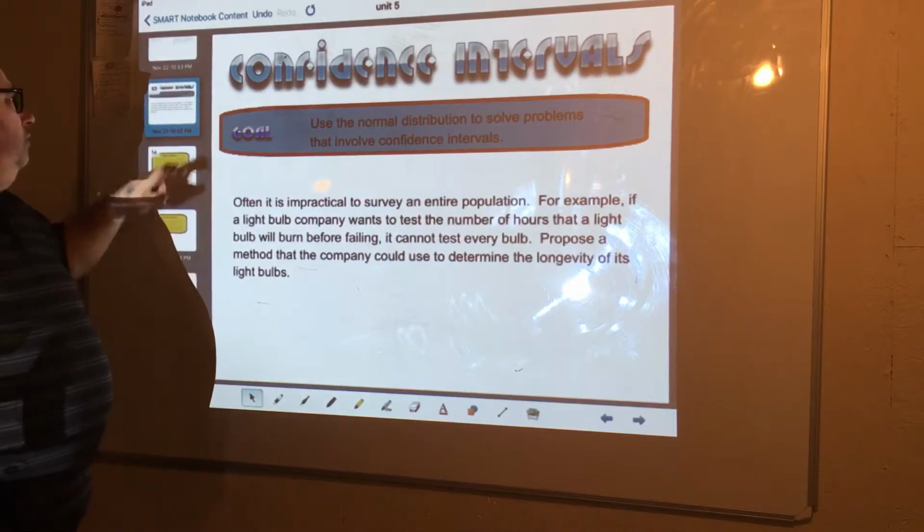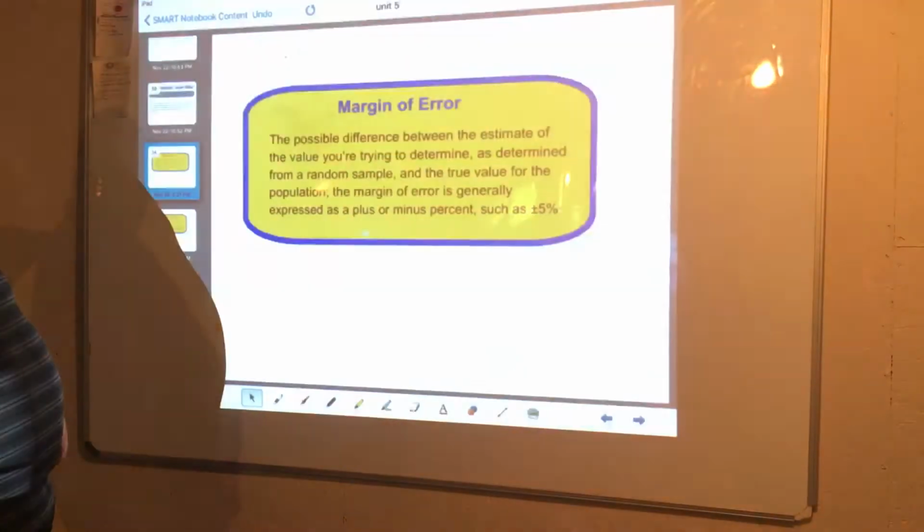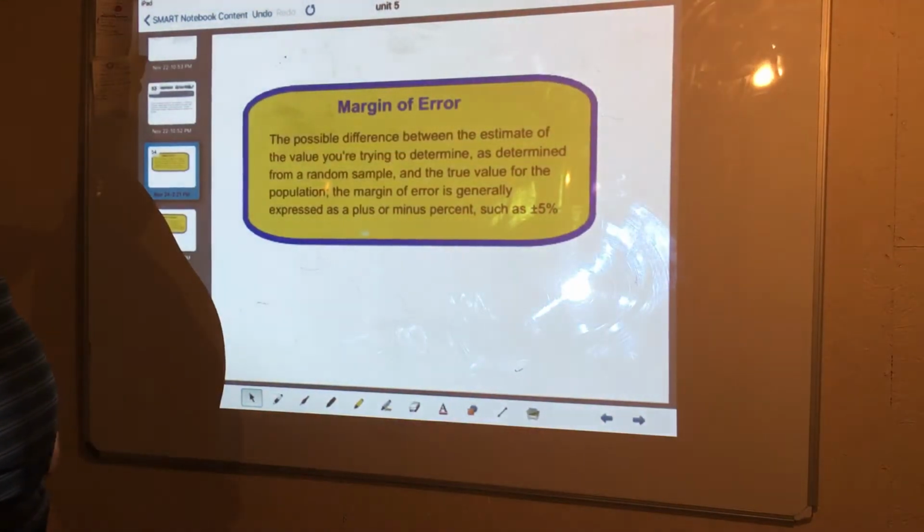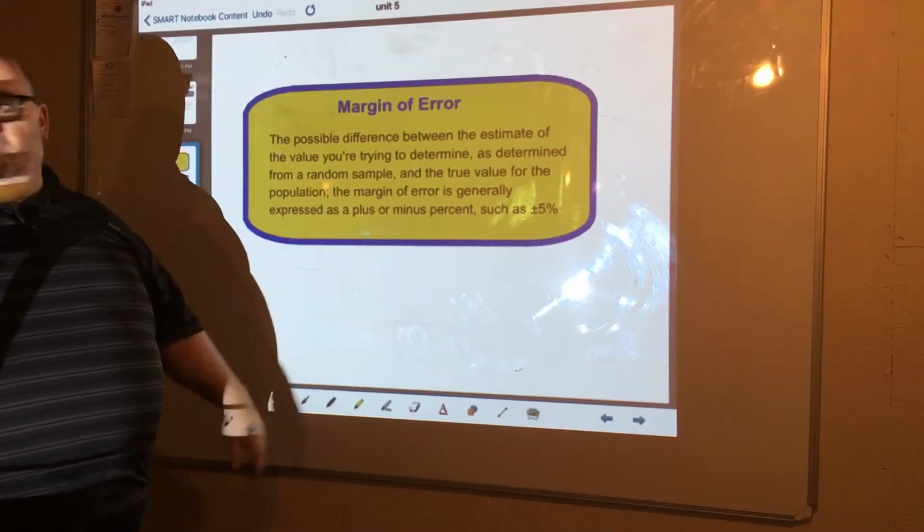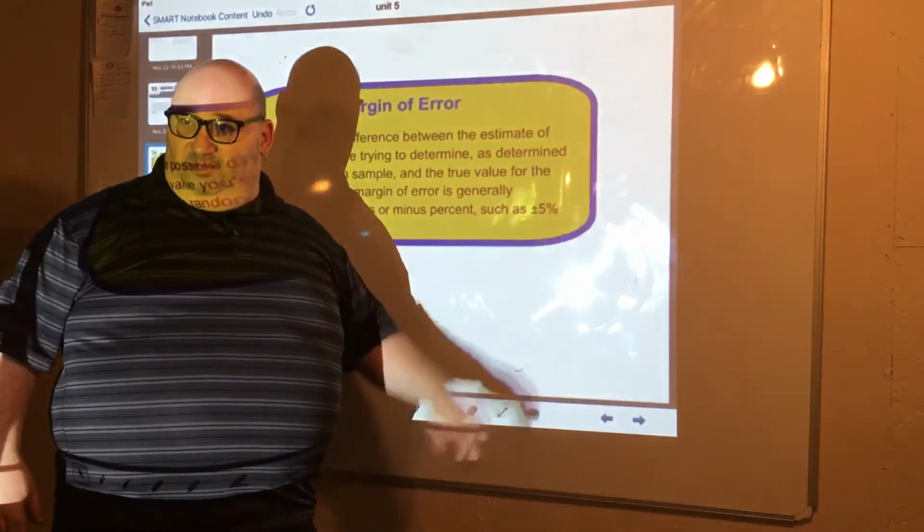So, what is a confidence interval? Margin of error: the possible difference between the estimate of the value you're trying to determine, as determined from a random sample, and the true value for the population. A margin of error is generally expressed as a plus or minus number, so plus or minus 5%, right?